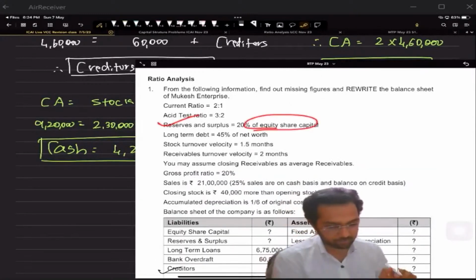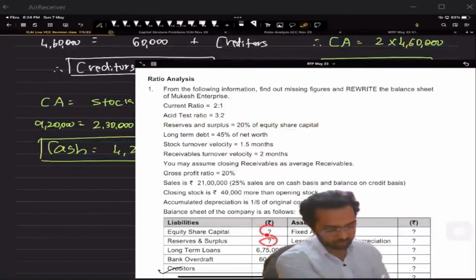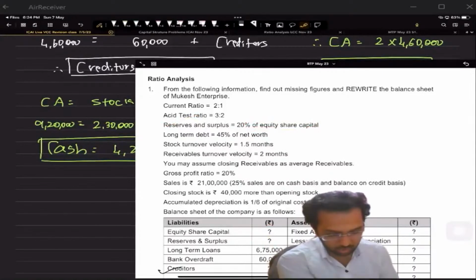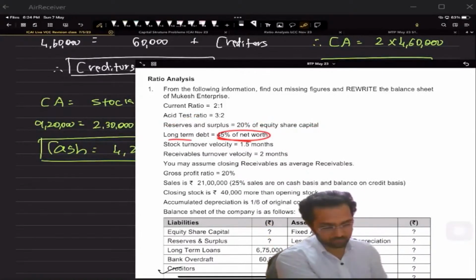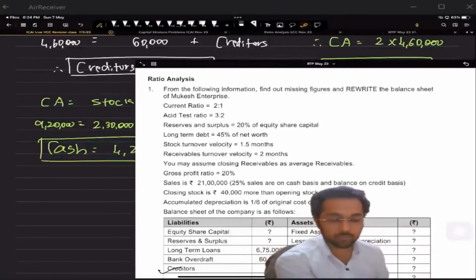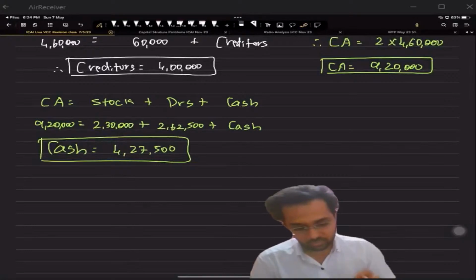Reserves and surplus is 20% of equity share capital. So this is dependent on this. We'll get back to it later. Long-term debt is 45% of net worth. Okay, so this long-term debt is 45% of net worth. We can have a formula.